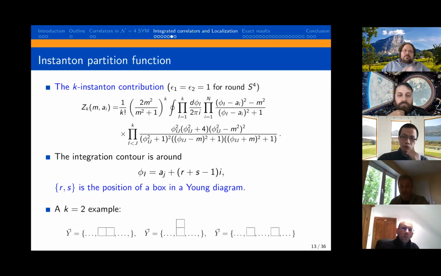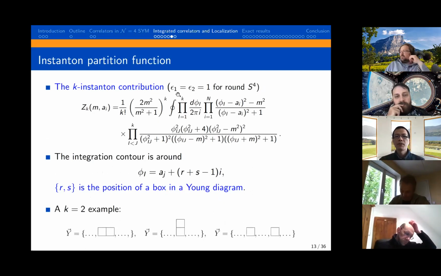To be explicit, the Nekrasov partition function for the K-instanton contribution takes this particular form on S4. There is a formula for the so-called squashed S4, where you keep a squashing parameter epsilon to be general.